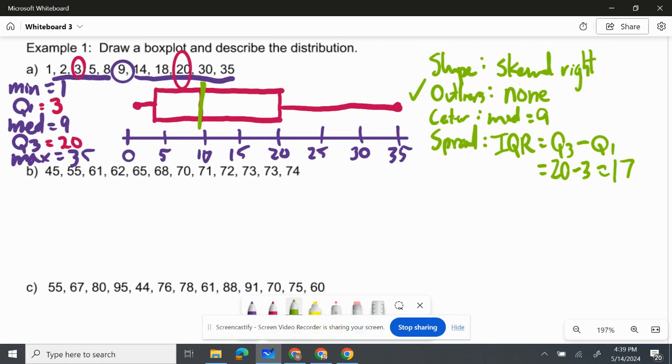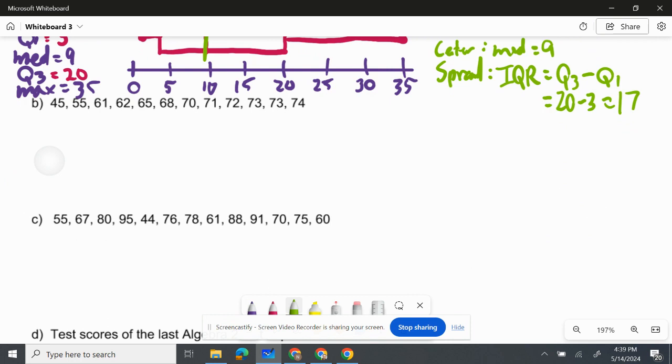So looking at our next one, this is nice because our numbers are in order again. So we have our minimum, our Q1, our median, our Q3, and our maximum. Minimum is 45, maximum is 74. 1, 2, 3, 4, 5, 6, 7, 8, 9, 10, 11, 12.